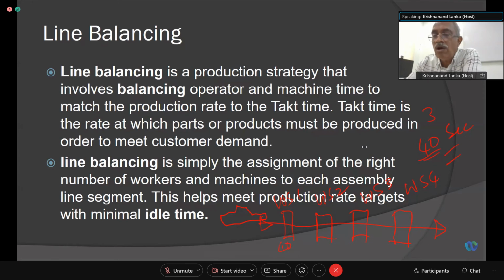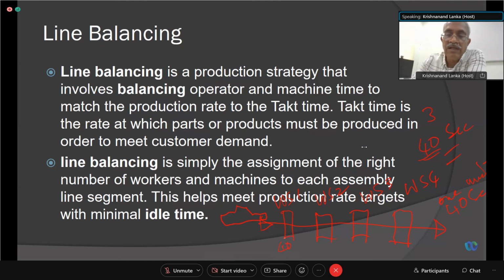That means you want to turn out one unit for every 40 seconds. So sometimes what happens is you may not be able to exactly balance each of these workstations at exactly 40 seconds.